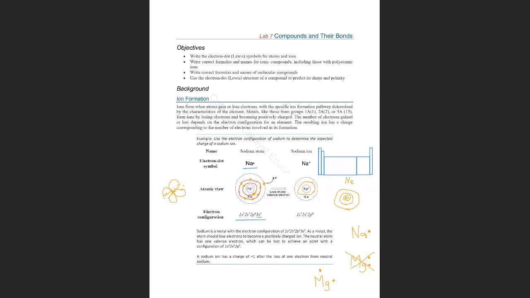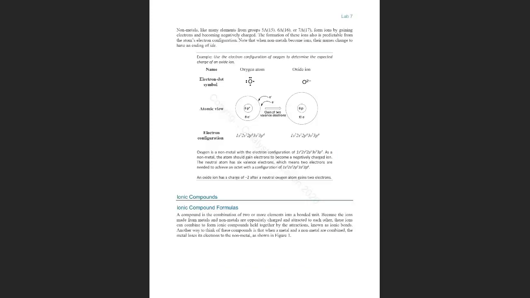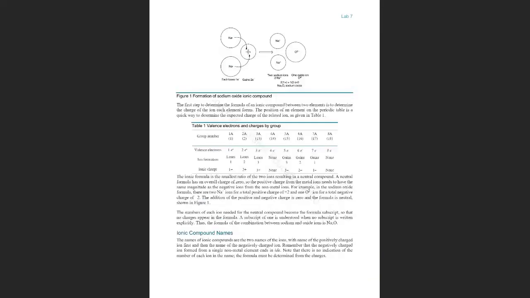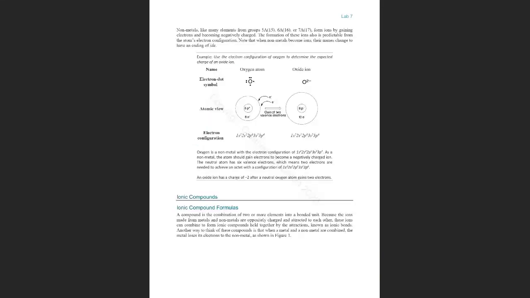Let's continue. So an oxygen atom, likewise, if we look at its outermost electrons, actually this is not quite correct for an oxygen atom. I'm actually going to skip this.